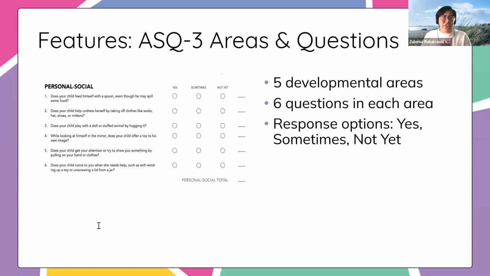I've seen it, they're still learning, they still need a little more support. Or not yet, right? This is a skill I have not seen my child do yet. And for some families, especially those that maybe are a little bit more anxious, maybe have a lot of concerns already, we might want to really highlight that yet, right? It's not that they're never going to do it. It's just that they haven't done it yet, right?